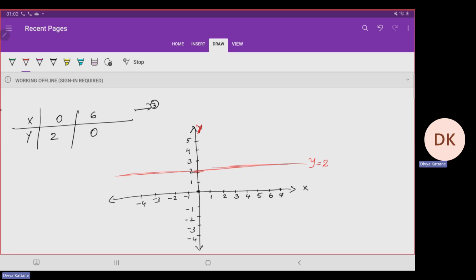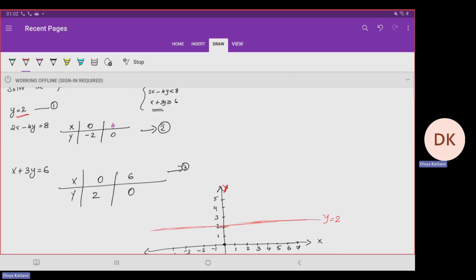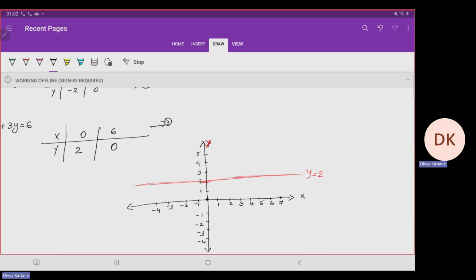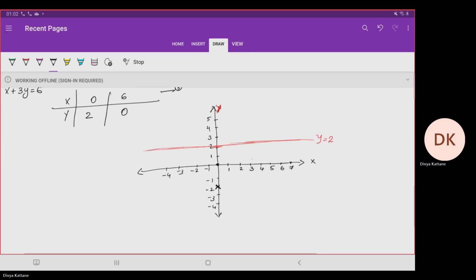Now, the next line is 2x minus 4y equal to 8, equation number 2. That is the line connecting the 2 points. Which are the 2 points? x = 0, y = minus 2, and x = 4, y = 0.